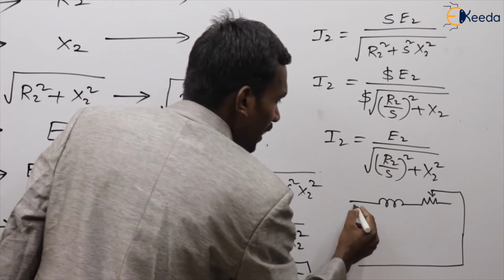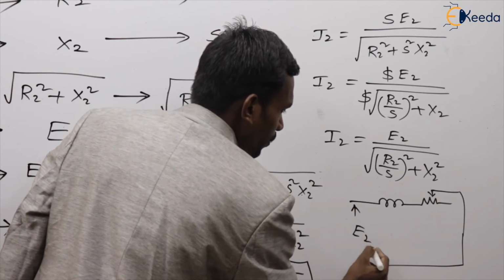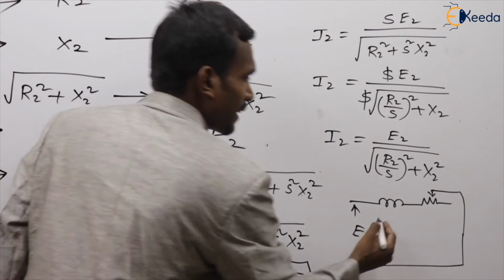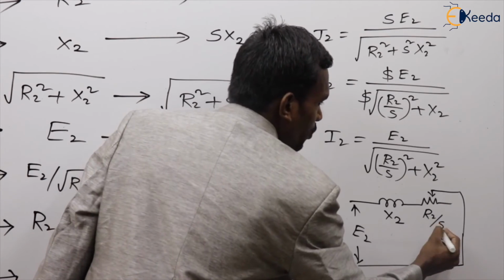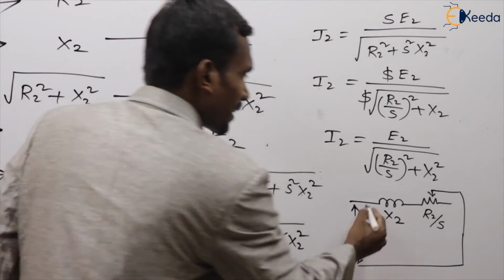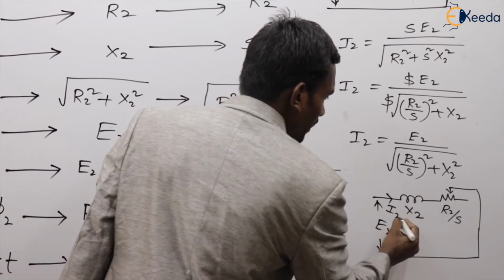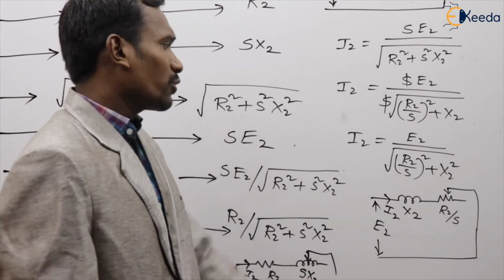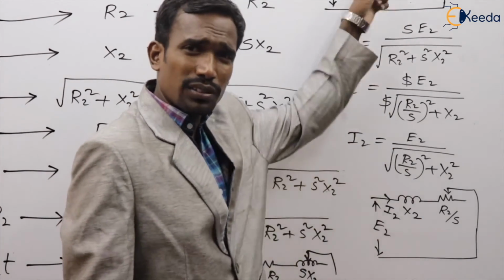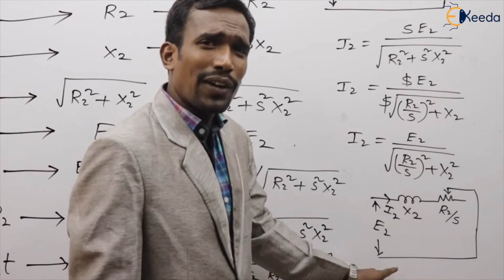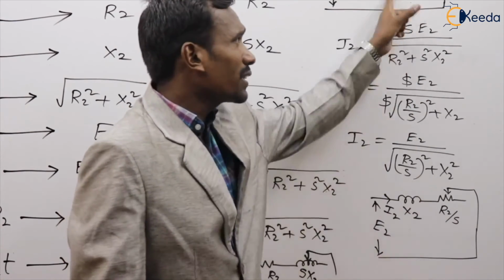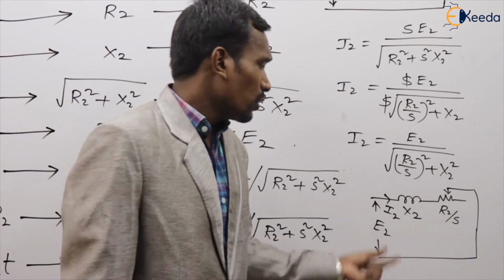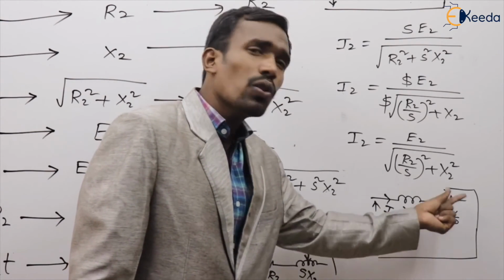The EMF here is E2, the reactance is X2, the resistance is R2 by S, and the current is I2. Actually, these two are the same circuits. I just modified it, but both are equivalent only. So, E2, I2, X2, R2 by S.